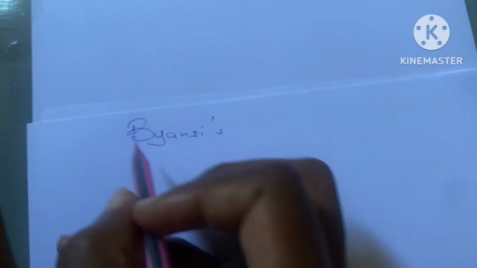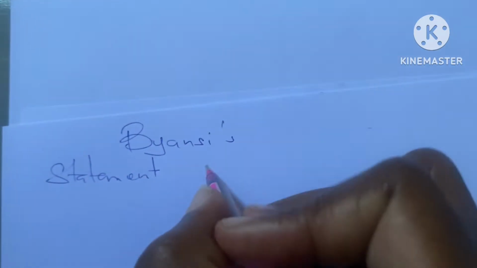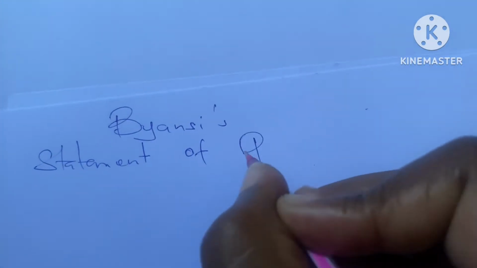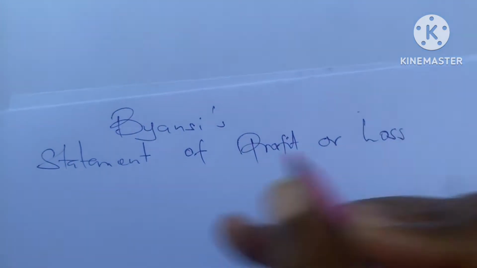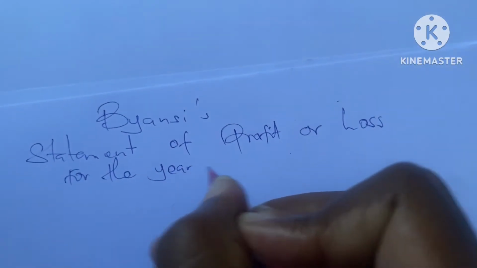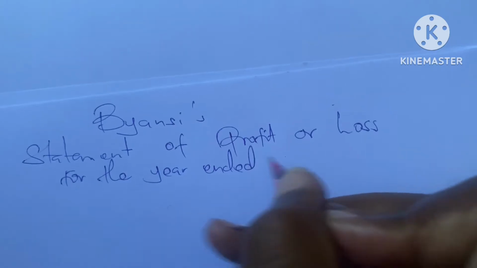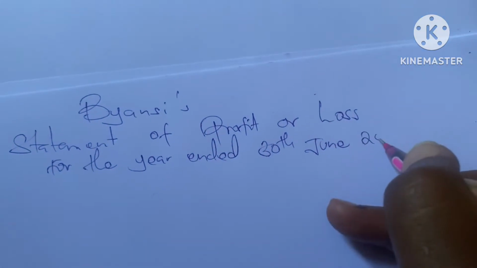statement of profit or loss. So B&C's statement of profit or loss for the year ended 30th June 2023.